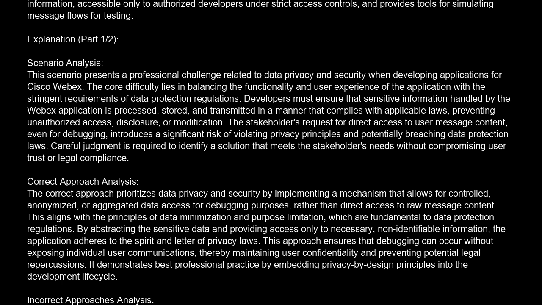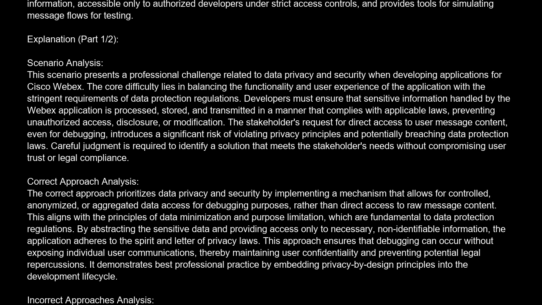Explanation. Scenario analysis. This scenario presents a professional challenge related to data privacy and security when developing applications for Cisco Webex. The core difficulty lies in balancing the functionality and user experience of the application with the stringent requirements of data protection regulations. Developers must ensure that sensitive information handled by the Webex application is processed, stored, and transmitted in a manner that complies with applicable laws, preventing unauthorized access, disclosure, or modification.